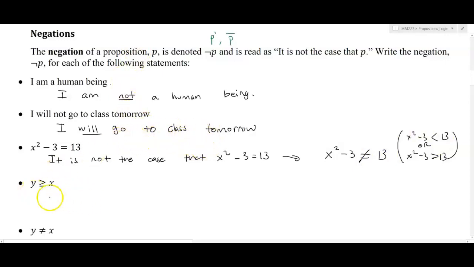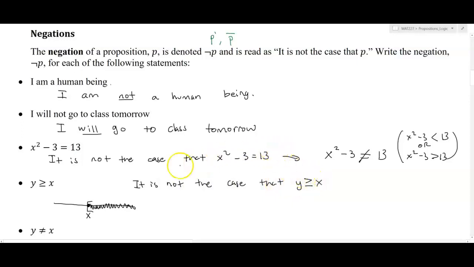Okay, y is greater than or equal to x. Well, let's think about this on a number line. This is x right here, and the statement says y is greater than or equal to that. The negation would say it is not the case that y is greater than or equal to x.